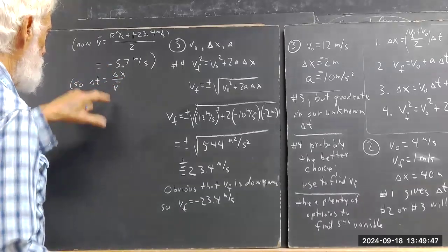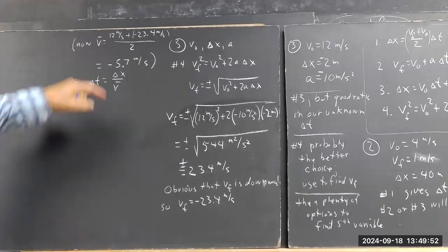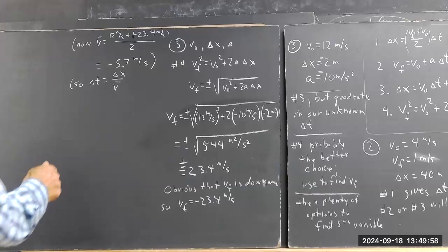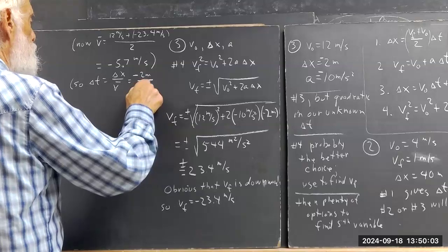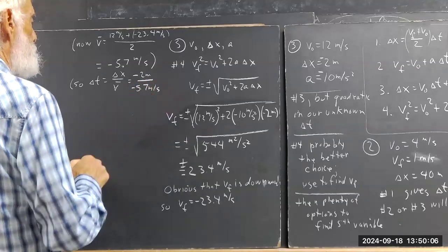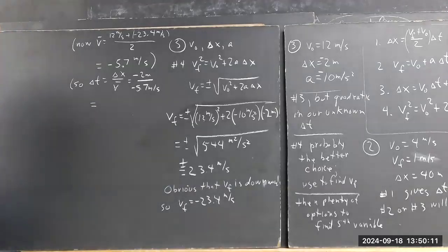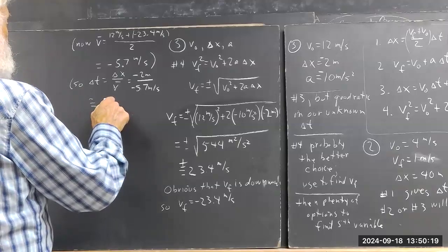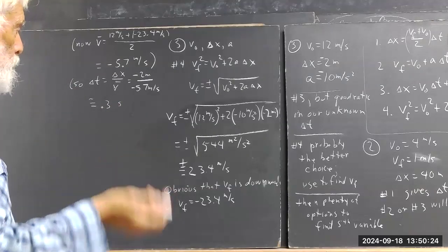You got delta x over v bar, but v bar is negative. Won't that give you negative time? Well, what if that delta x is negative? That's your displacement. And now this doesn't make any sense at all. It's approximately 0.3-some seconds, and it certainly takes more than 0.3 seconds.